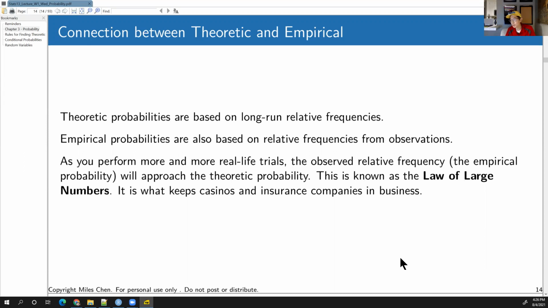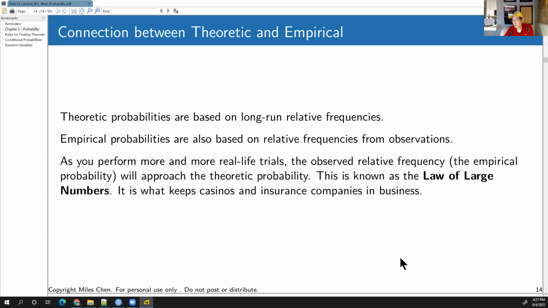And the empirical probabilities are also based on relative frequencies, but from actual observations or simulations and things like that. And the idea here is that as you perform more and more real life trials, the observed relative frequency, the thing that you get your empirical probability from, will approach the theoretic probability. And this is what we call the law of large numbers, okay?